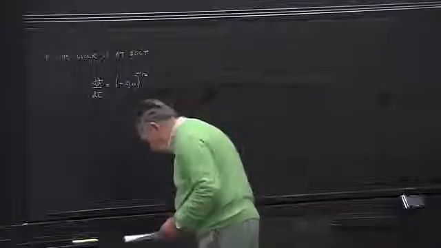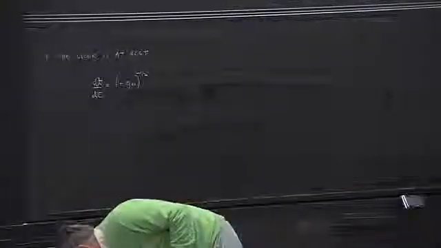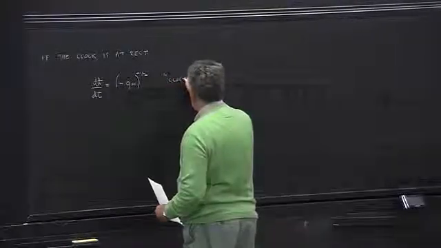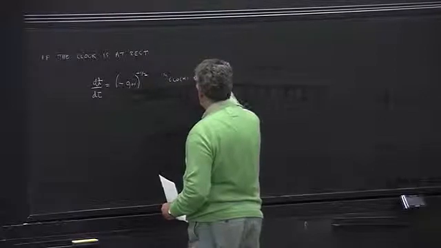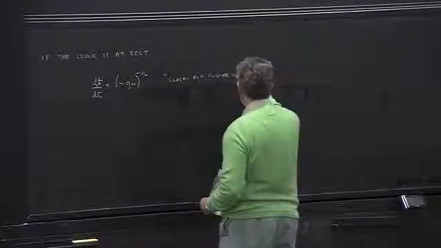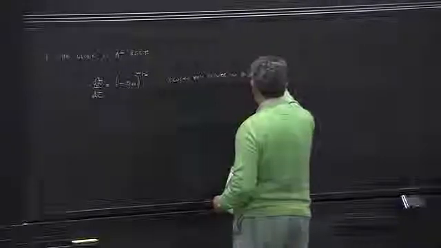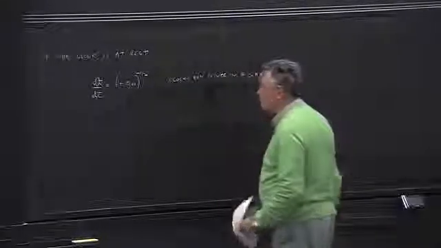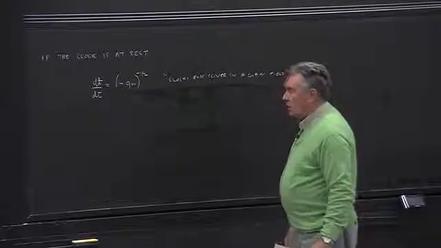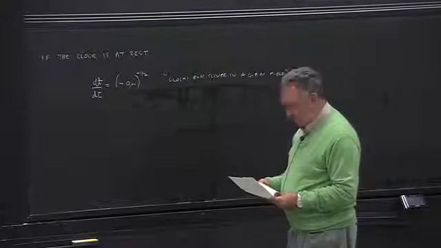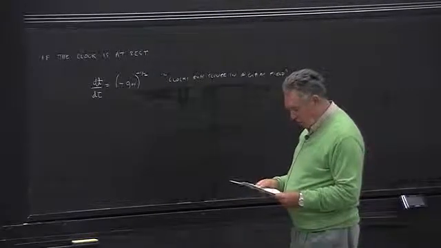And this is the origin of the statement: clocks run slower in a gravitational field. Because the interval between ticks will be greater when the gravitational field is present.